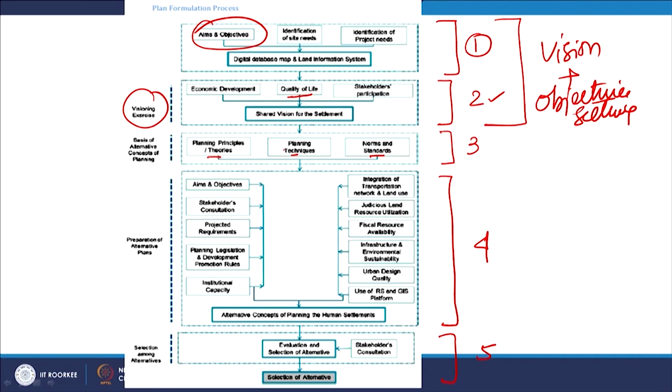Stage 4 is where you are preparing the alternative plans based on the situation, and stage 5 is the selection of the alternatives. So, these are the very broad stages prescribed in the URDPFI guidelines, which is indicative in nature. I will show some of the practices which deviate a little bit from this planning framework also, but it is important to keep this in your mind.